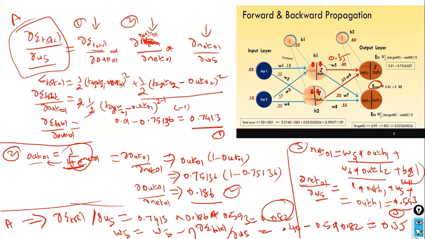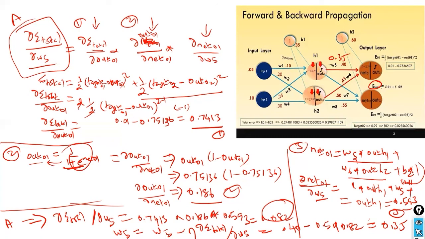We need to keep playing around with the iterations, for example 10,000 iterations. Initially we may get very little error for one iteration, but with one iteration itself we cannot decide it is doing a good job. Only with multiple iterations will we know how much reduction in error we can see. So this is how the back propagation algorithm works.